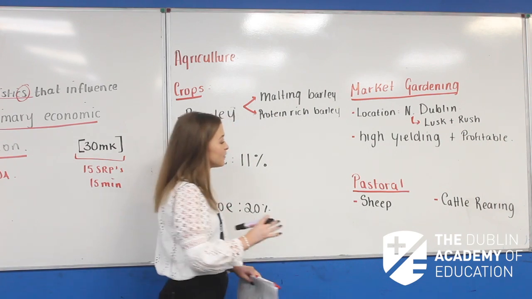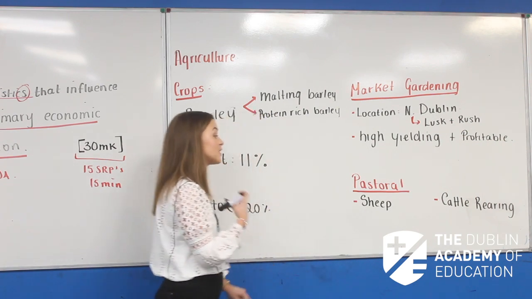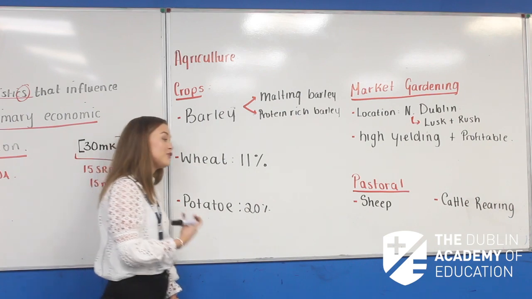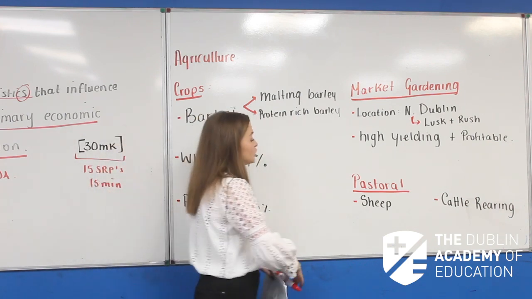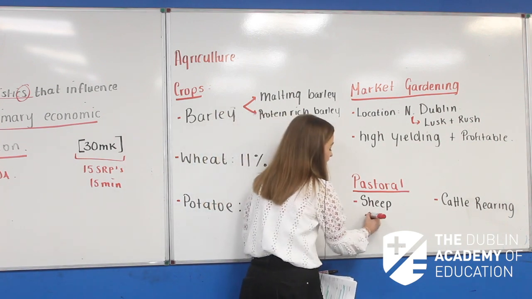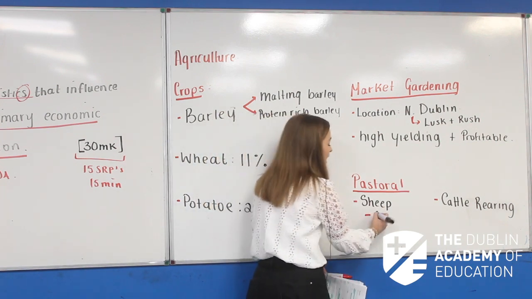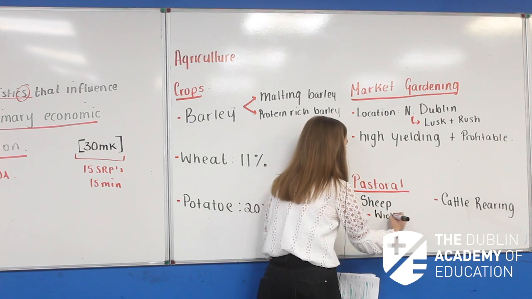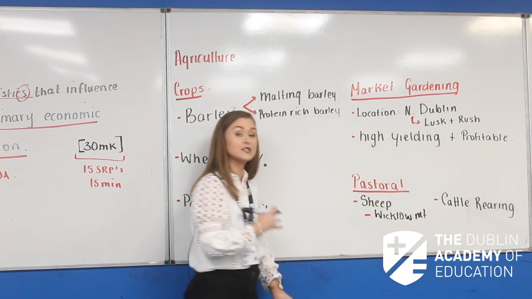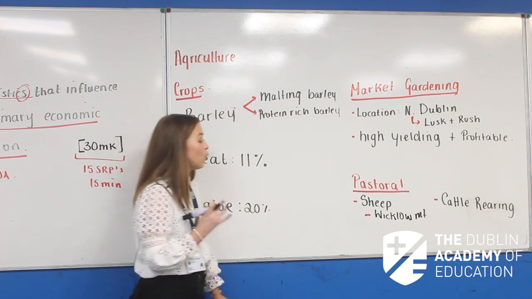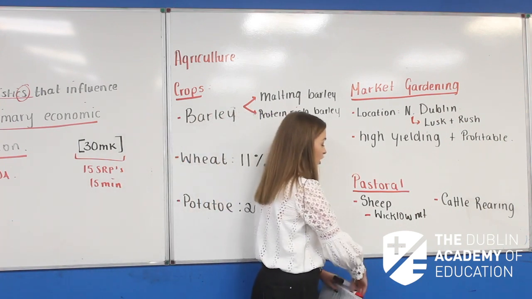Now, following on from that, we have our types of pastoral farming. So the first one, which we actually mentioned in the last class, is sheep farming. Sheep farming mainly occurs in the Wicklow Mountains, okay? Again, I'm going to keep repeating the same points, over 1,000 metres high at points. Now, why does sheep farming occur there?